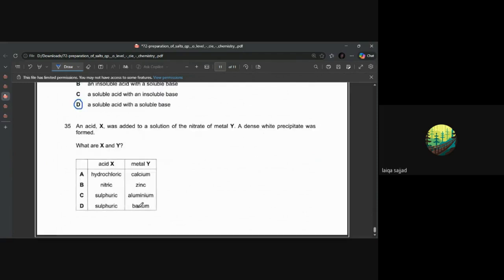This is the last MCQ. An acid X was added to a solution of the nitrate of metal Y. A dense white precipitate was formed. What are X and Y? Sulfuric.